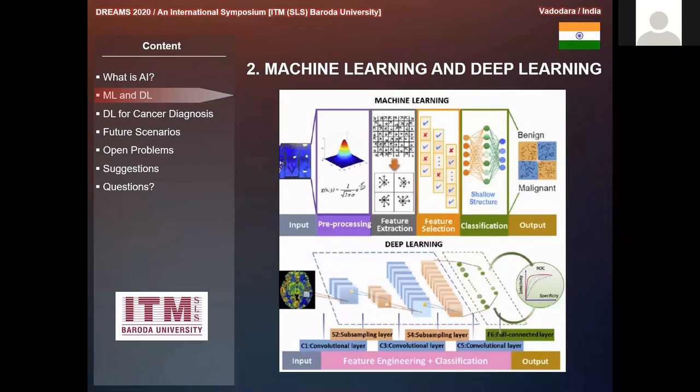But when we come to deep learning, you will not need to apply pre-processing because, for example, in CNN, convolutional neural networks, there are some specific advanced layers which are able to deal with the pre-processing side of the data. So if you use such deep learning algorithms or neural network formations, you will not need to apply pre-processing.